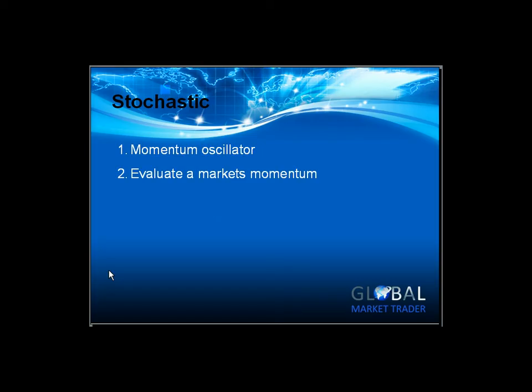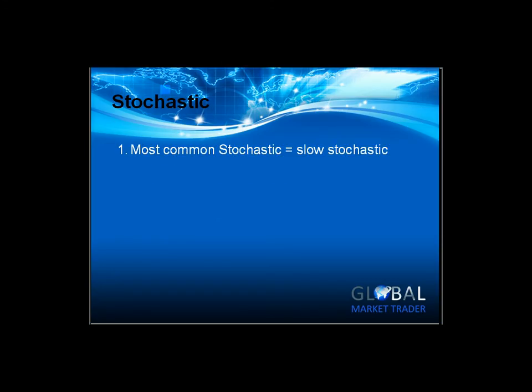So therefore a stochastic value of 70 or higher tells us that the close is near the top of the range, and a stochastic value of 30 or lower means that the close is near the bottom of the range. So in a robust uptrend, prices generally close near the top of the recent range, and in a strong downtrend, prices will usually close near the bottom of the range.